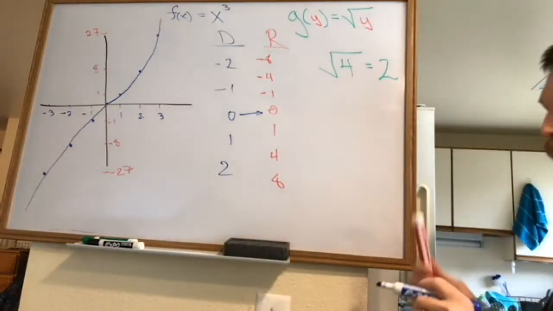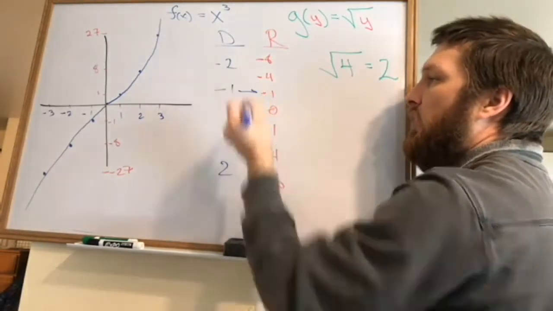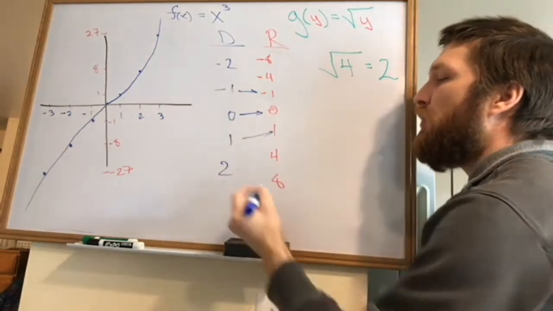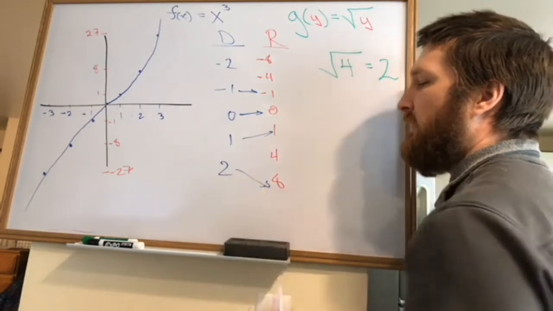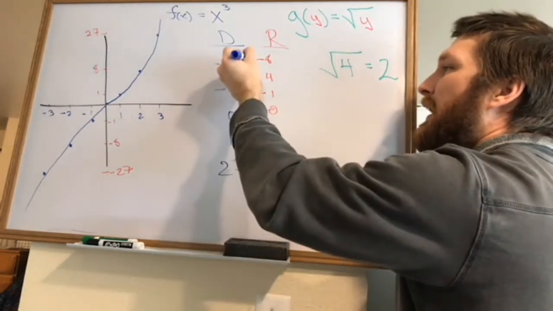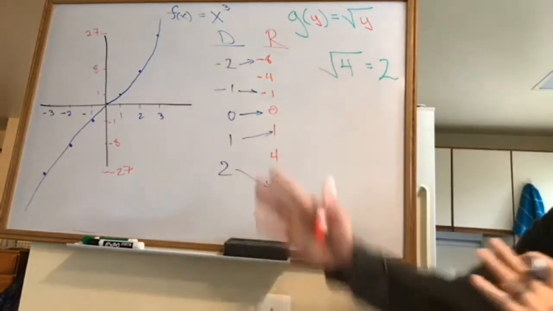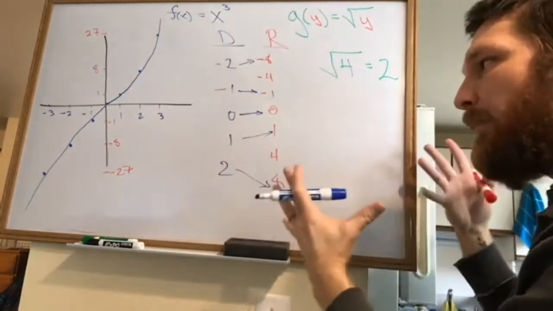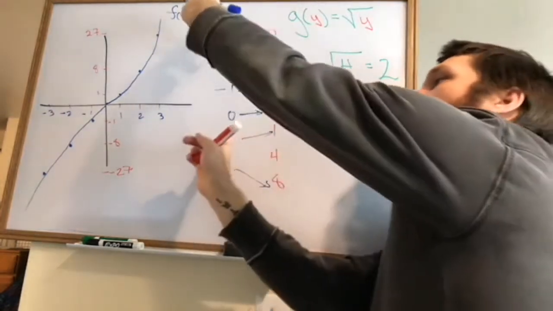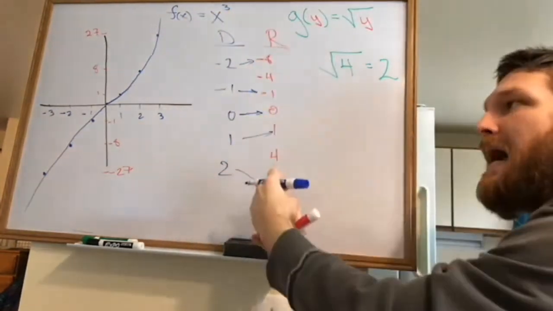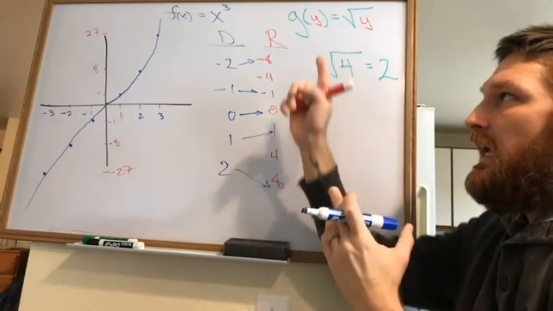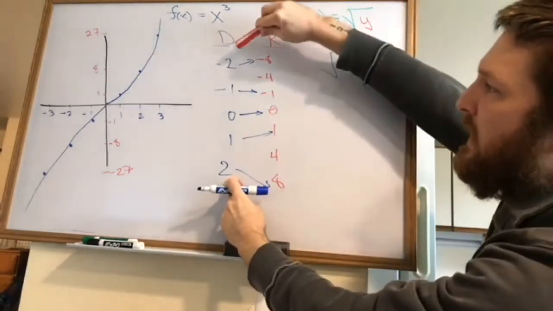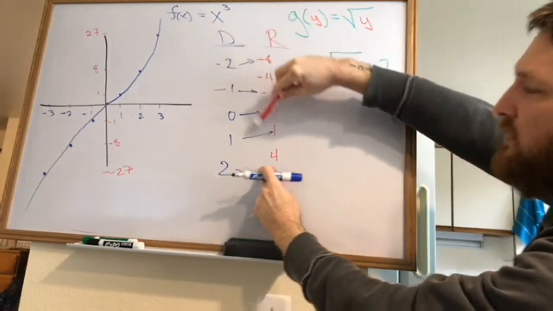Okay, -1 got mapped to -1. 1 got mapped to +1. 2 got mapped to +8. -2 got mapped to -8. And now we don't have this problem where you're getting multiple inputs going to one output. Like in the case of x squared, we had both 2 and -2 getting mapped to 4.